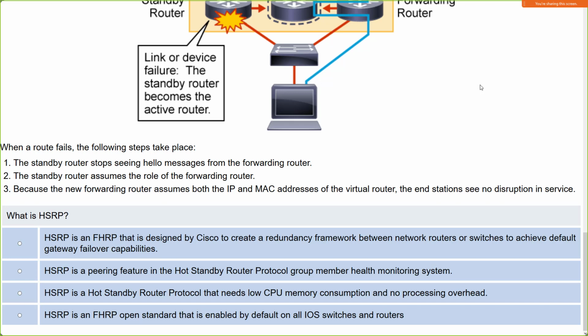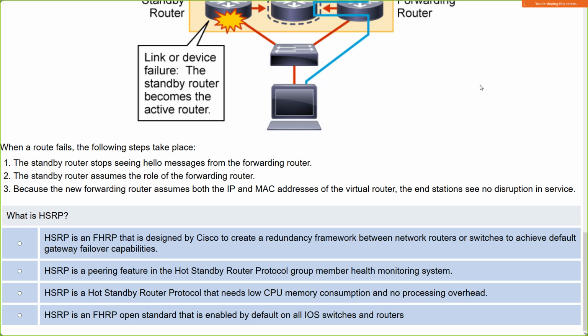We monitor the group on the downstream link within the broadcast domain that we're servicing, but we don't monitor by default the upstream path. So if the upstream path fails, but the downstream path does not fail, then there is no failover event with regard directly to HSRP or VRRP, and that means that we might have suboptimal routing, or we might have a black hole because we didn't account for monitoring that upstream traffic.